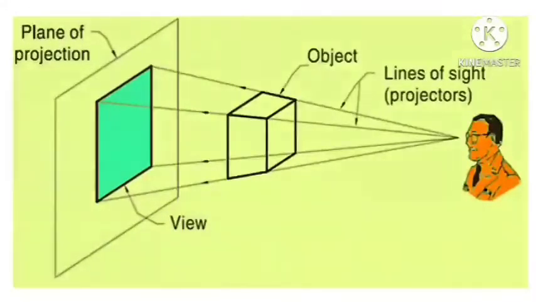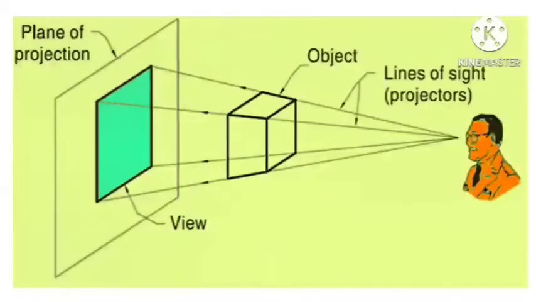So assume that I place the observer very near to the object. Projectors will trace the edges and the corners of the object, and it is assumed to fall on the plane of projection. That fallen image is called a view.